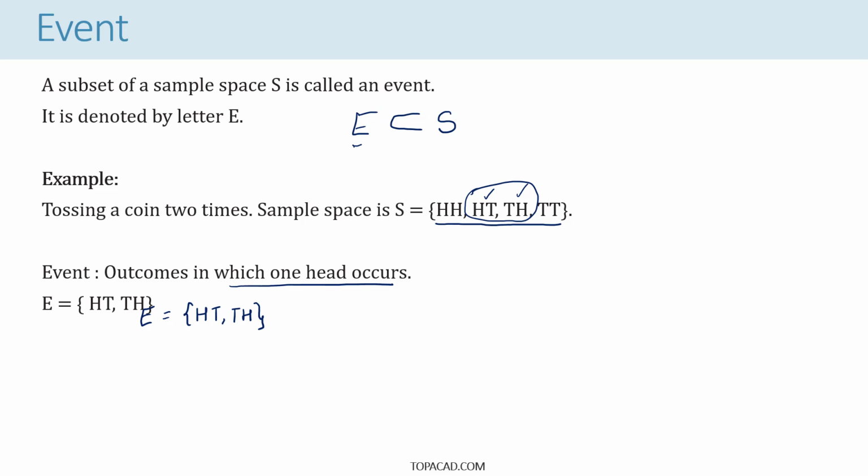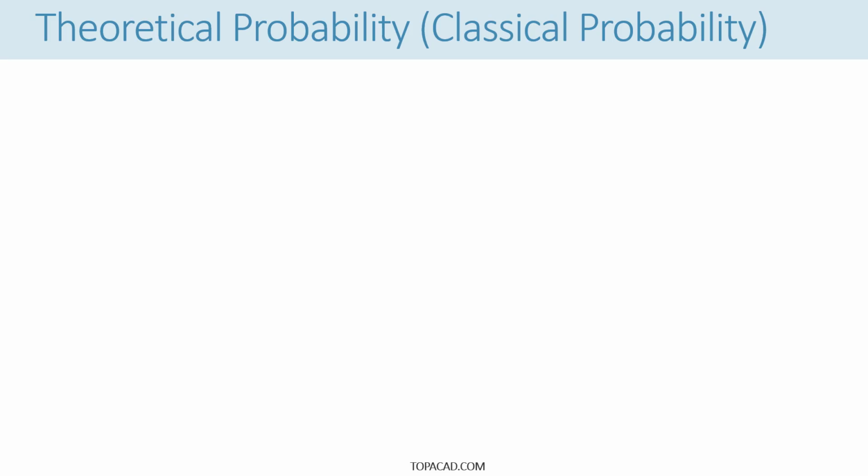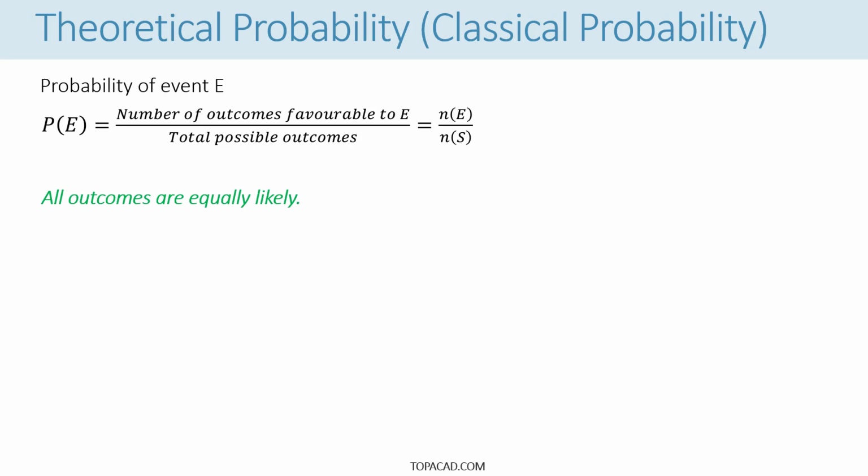Now that we know what an event is, let's see what the probability of an event is in theoretical probability. Theoretical probability, or classical probability, says the probability of an event E is equal to the number of outcomes in E divided by the number of outcomes in the sample space.